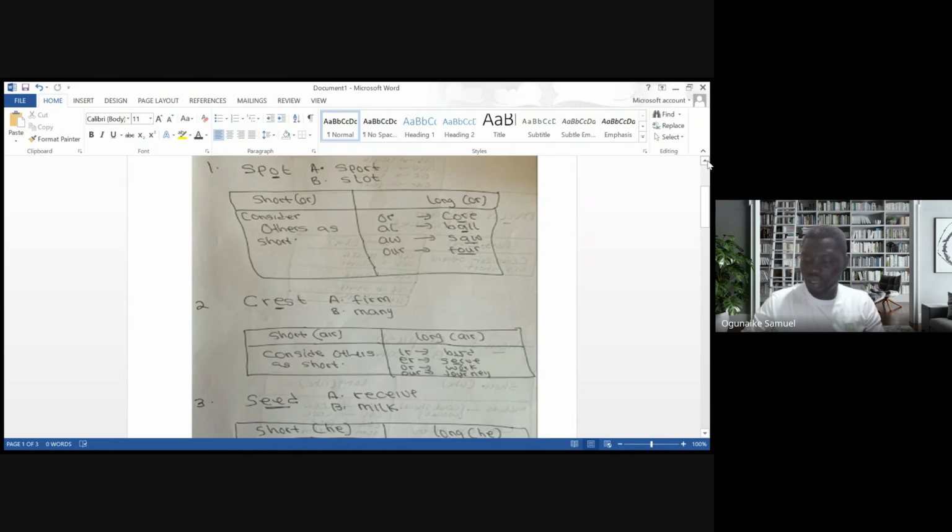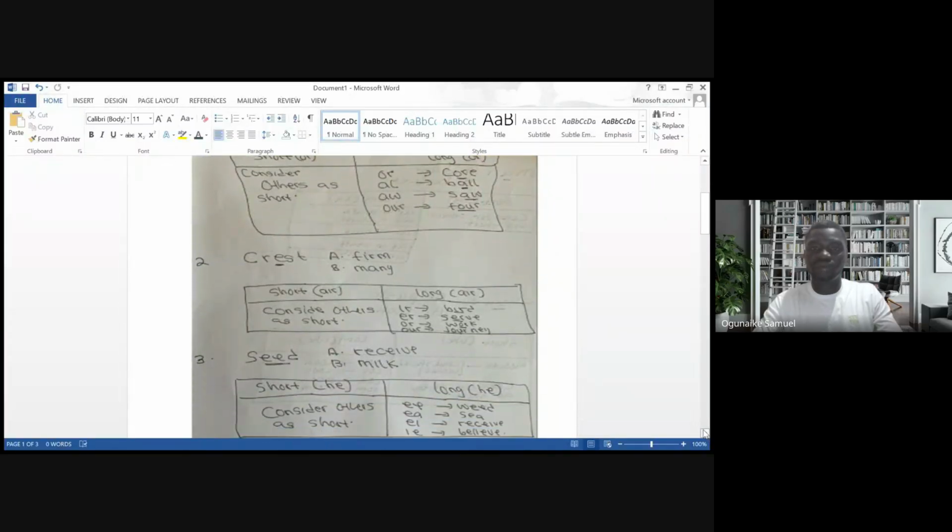Are we done copying the letters for the O and for the A and for the E? So let me scroll down to the E so that we can have a very quick text on those three sounds. And after that, we can proceed.